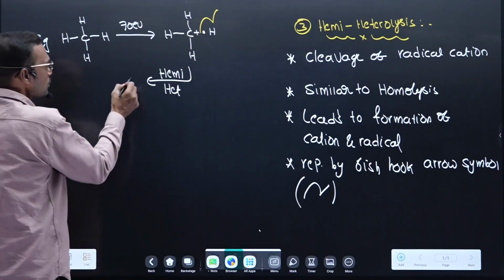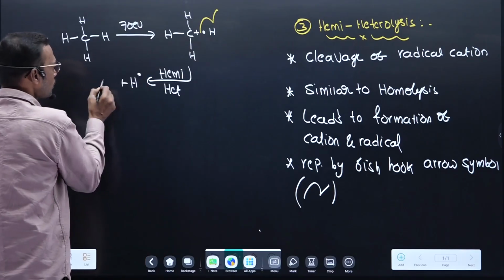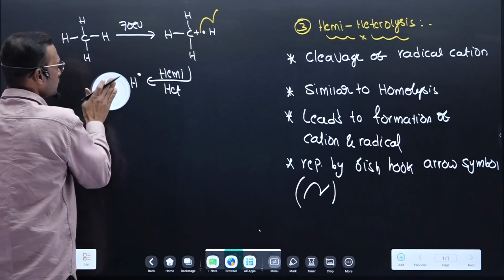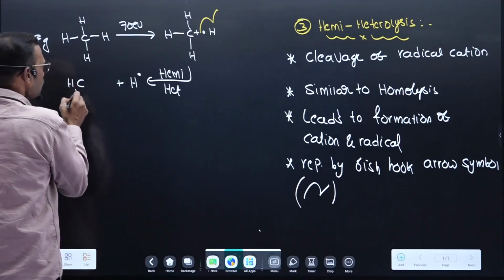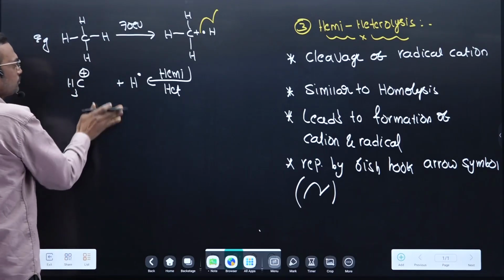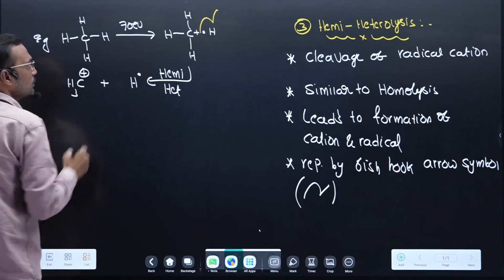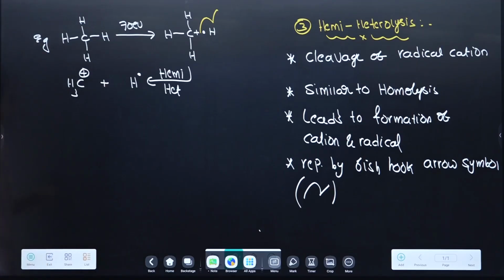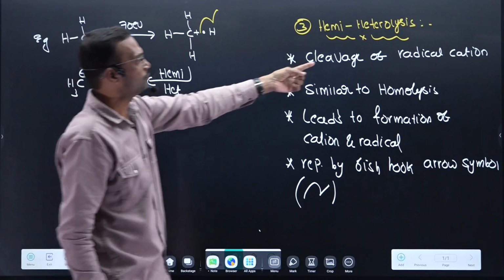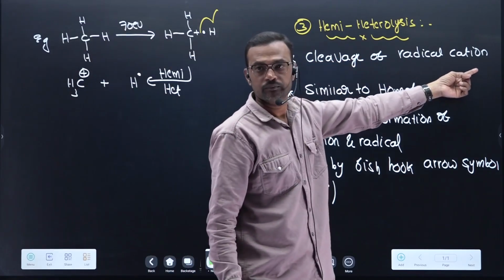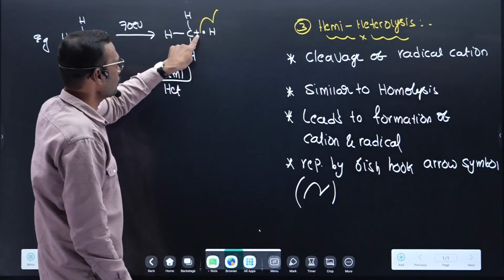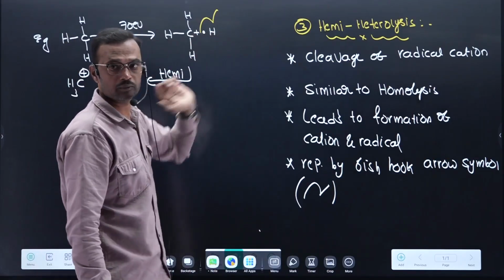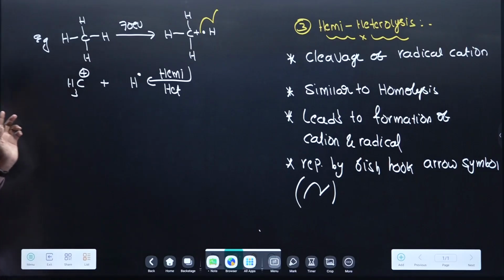If hydrogen is removed in the form of H dot, then carbon is removed in the form of CH3 plus. That is hemi-heterolysis. Exactly where are we breaking? At the radical cation. Here only we are breaking and we get a radical and a cation.